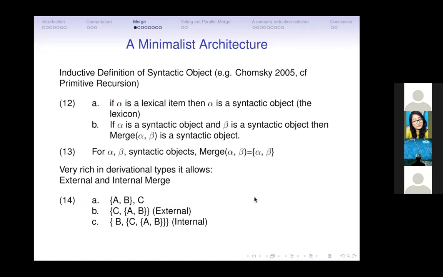Chomsky also points out that this same definition will give us something that looks very much like what we see with the WH movement examples or rules we saw before. So if you take something like David read which book, you can also say, which book did David read? Okay. Chomsky's idea is that you start off with something like David read which book.